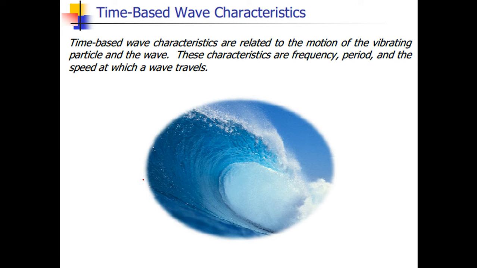Time-based wave characteristics tend to be related to the motion of a vibrating particle as well as the wave. There are terms such as frequency, period, and obviously the speed at which the wave travels. We're going to go into those now.